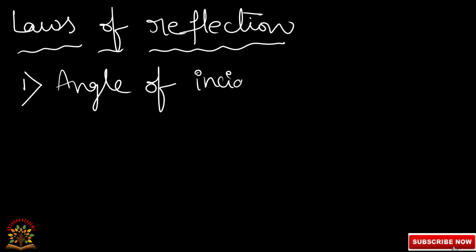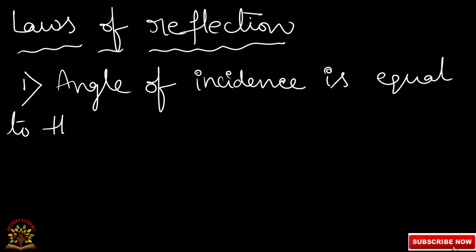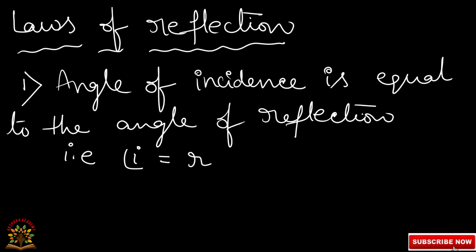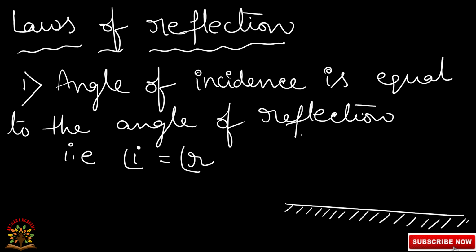Angle of incidence is equal to the angle of reflection. That is, mathematically, in symbolic representation, angle I is equal to angle R. Suppose this is the plane mirror and it is a polished surface, and we are taking one incident ray, that is light ray.